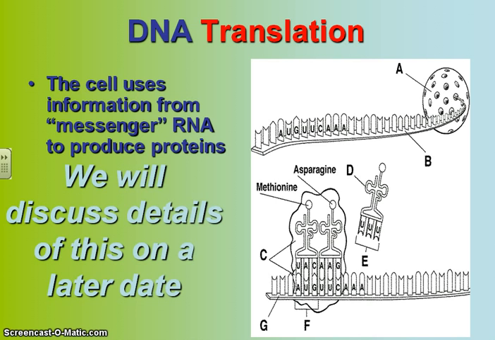Here is a good image that shows this. I'm going to explain this image, but we will have separate notes over the specifics of DNA translation. But here is your complementary RNA strand that we copied from the DNA that was unzipped by helicase.